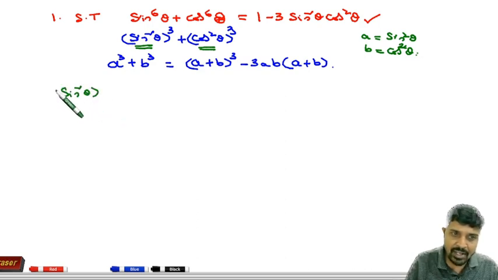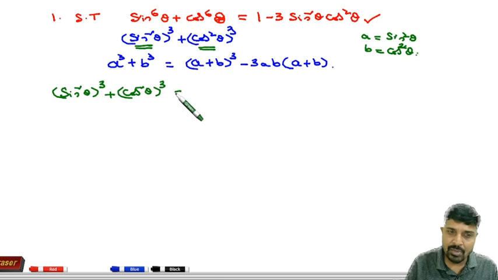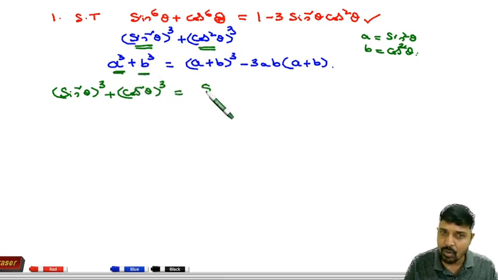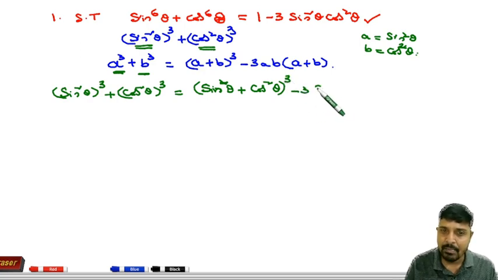Sin square theta whole cube plus cos square theta whole cube is equal to, a cube plus b cube is a plus b whole cube, that is sin square theta plus cos square theta whole cube, minus 3ab, that is sin square theta cos square theta, times a plus b.